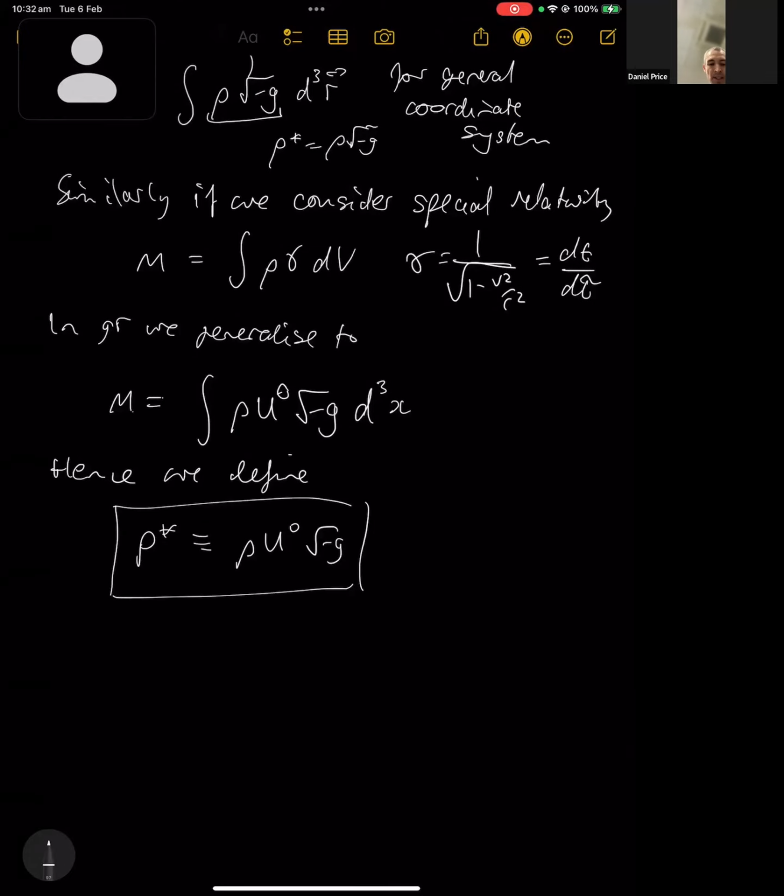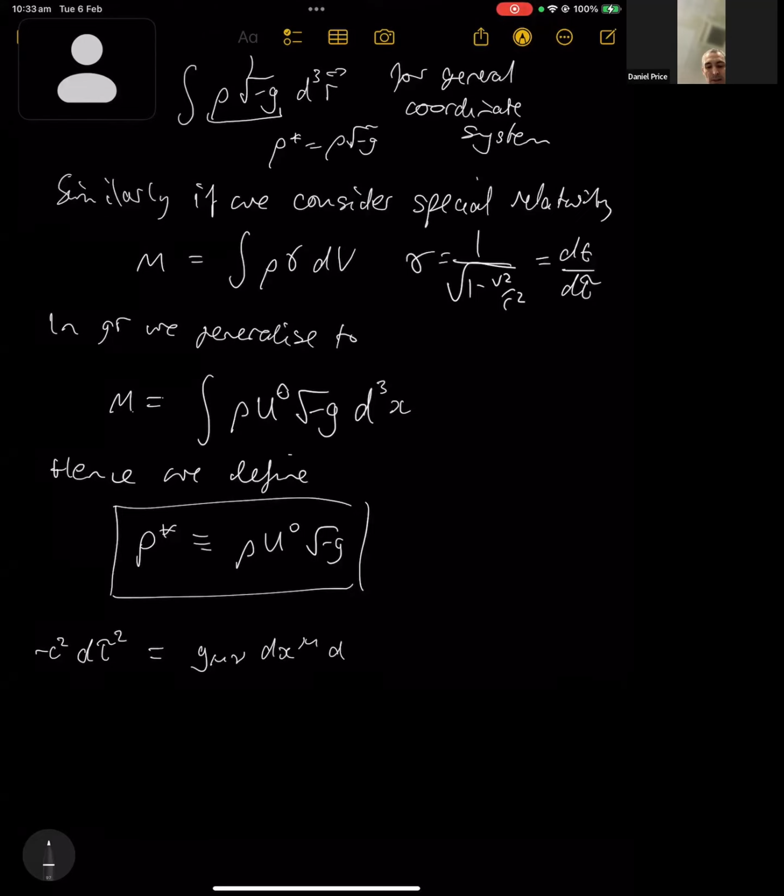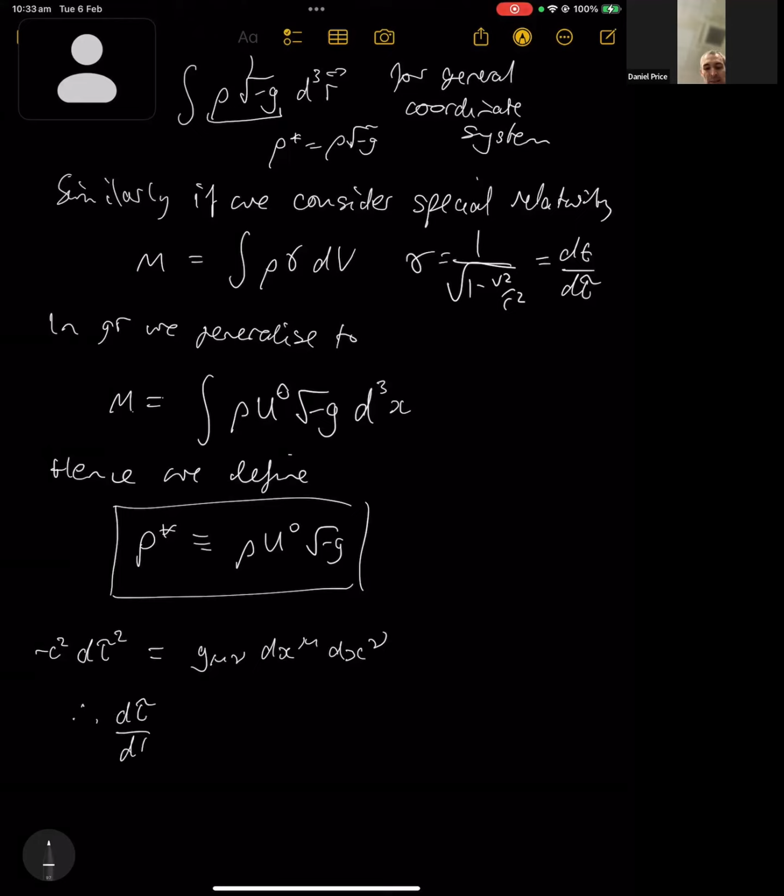If you think about what dt d tau is, for example, you know that minus c squared d tau squared is equal to g mu nu dx mu dx nu. That's just our definition of the metric. So if we want to find dt d tau squared, and I'm going to drop the c for a minute, it is equal to minus g mu nu dx mu dt dx nu dt.